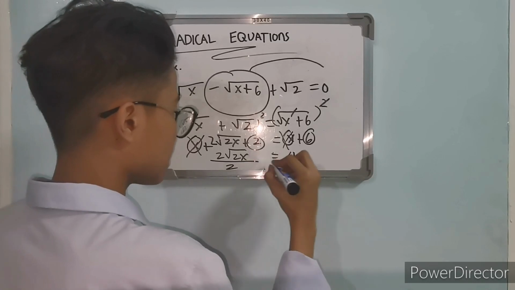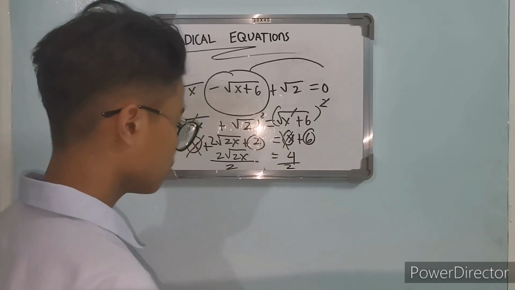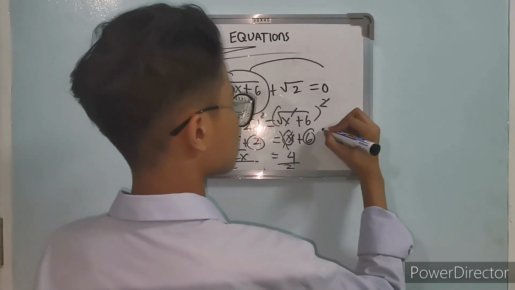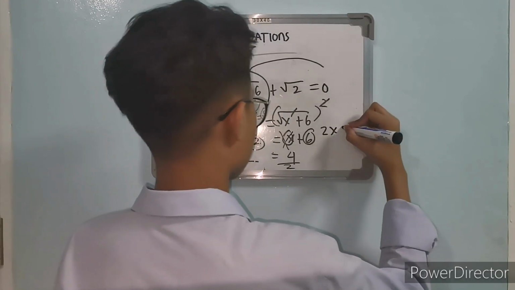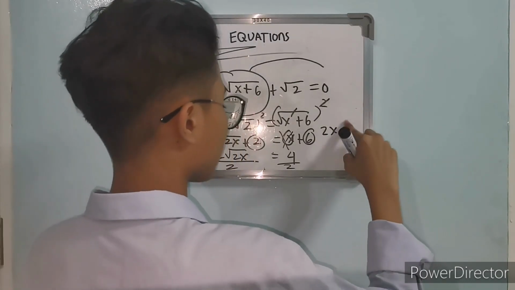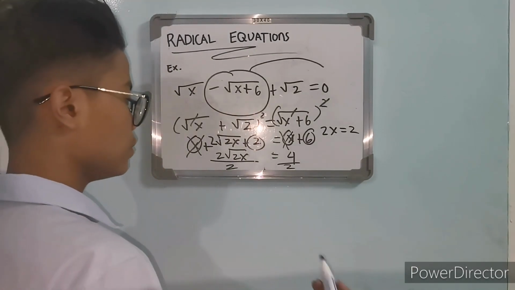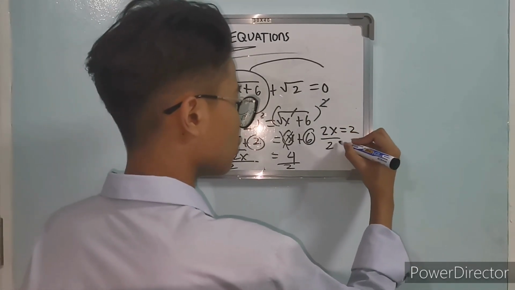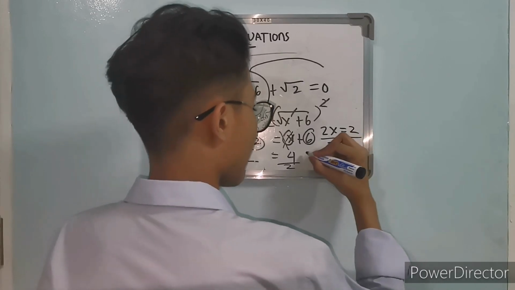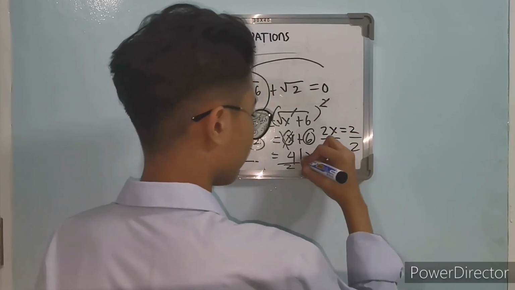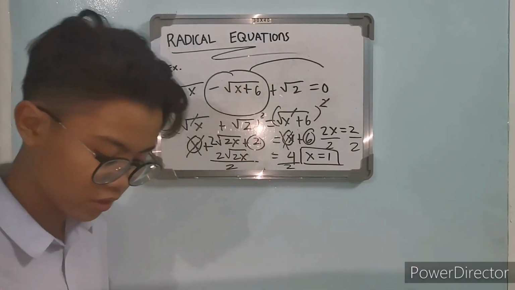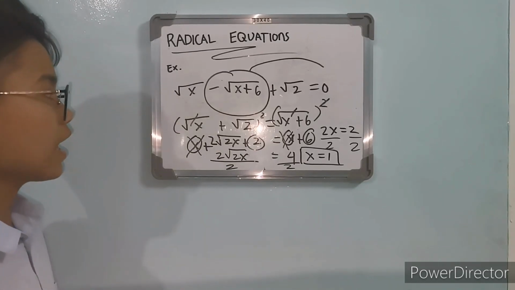If we divide both sides by 2, we get square root of 2x is equals to 2, right? Then we just remove the coefficient, so divided by 2, x is equals to 1. I know it's a bit trickier, but we just gotta isolate first.